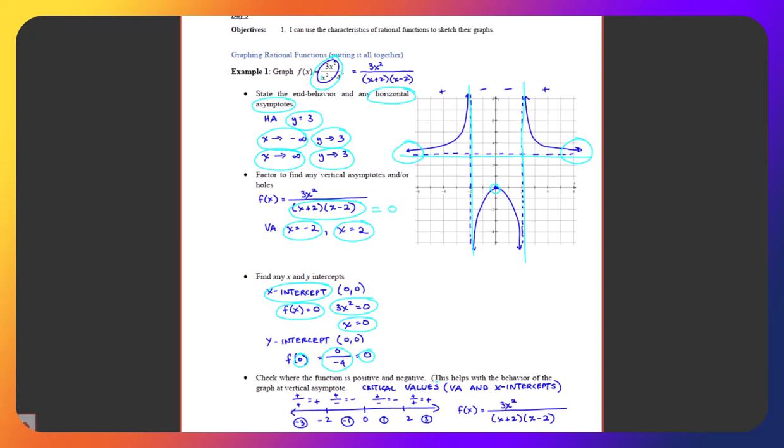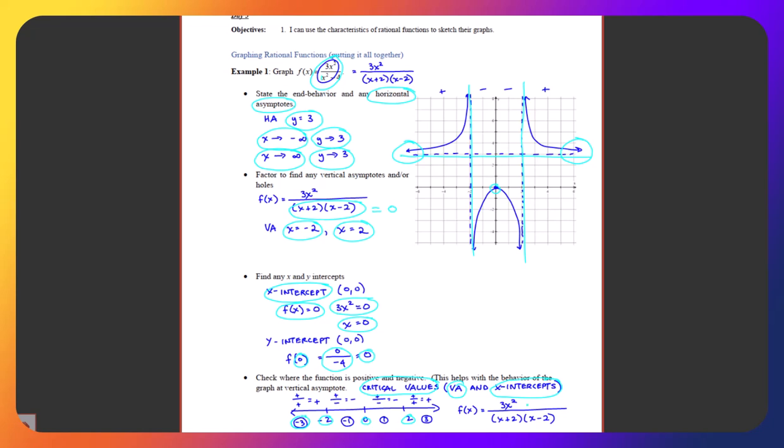We test our critical values, which is found by breaking up our number line by the vertical asymptotes and the x-intercepts. So at -2, 0, and 2, those are the boundaries for our critical regions. So to the left of -2, I just picked -3. You can pick anything you want to.